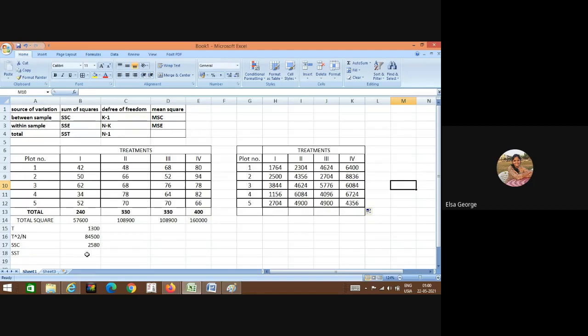Now I think I can add it all up. It's equal to 1 plus, plus, plus, plus.